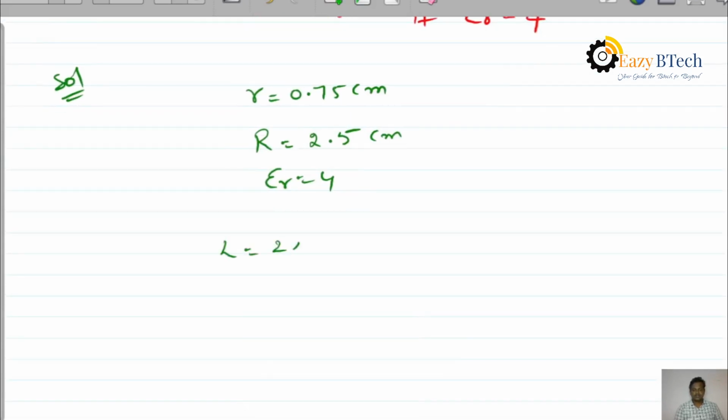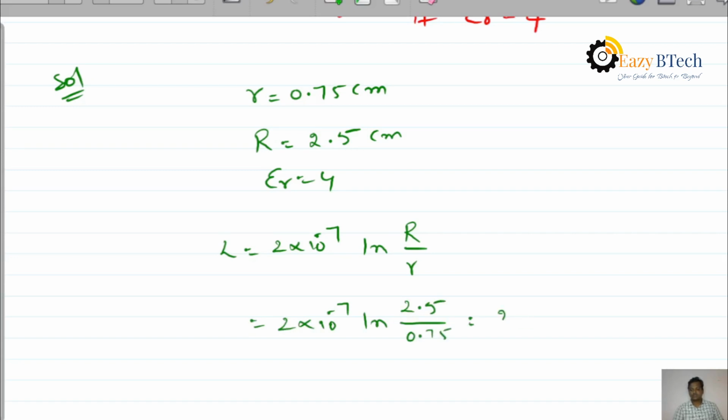Inductance L equals 2 into 10 power minus 7 ln capital R by small r. Therefore, substitute those values here: 2 into 10 power minus 7 ln of 2.5 divided by 0.75. You get inductance equals 2.41 into 10 power minus 7 Henry per meter.